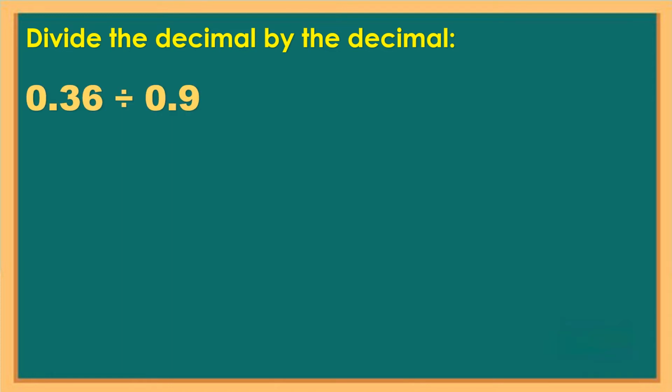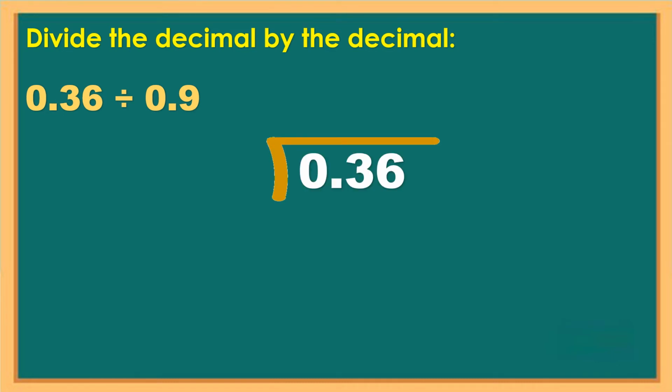Dividing a decimal by a decimal, we have 36 hundredths divided by 9 tenths.